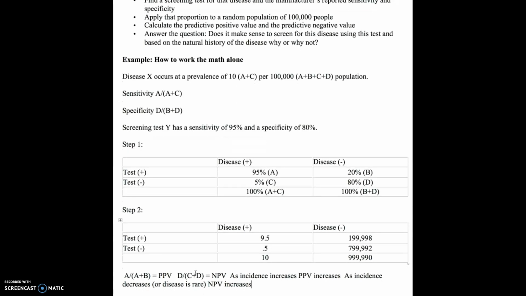Okay? So let me give you an example. We want screening tests to be cheap. The reason we want screening tests to be cheap is because we're using them on 10,000 people.